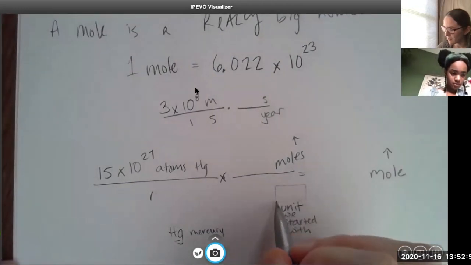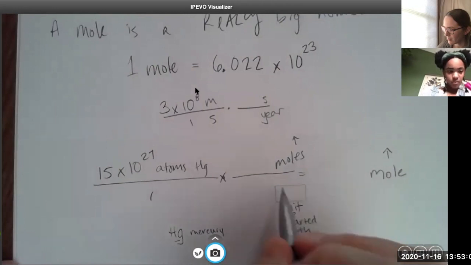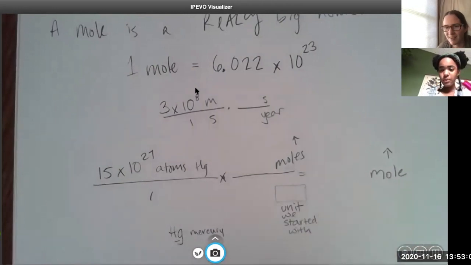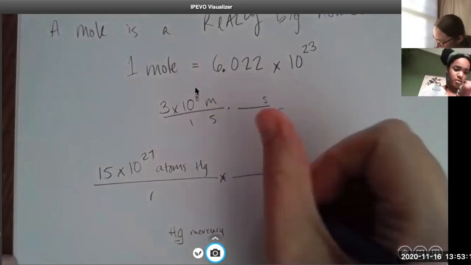What do we put here? Would we put atoms and also mercury, or just atoms? Both. Good. Okay, atoms and mercury.